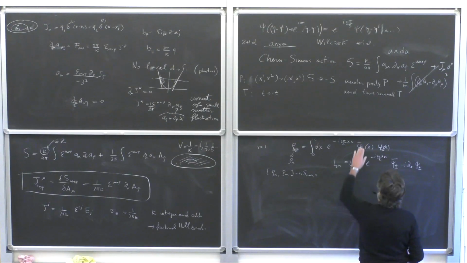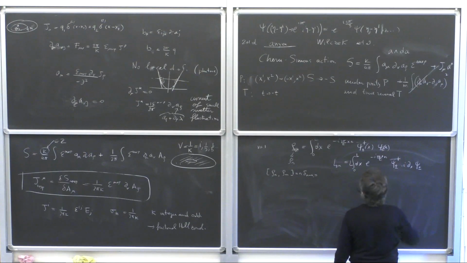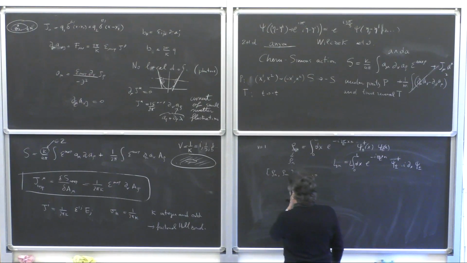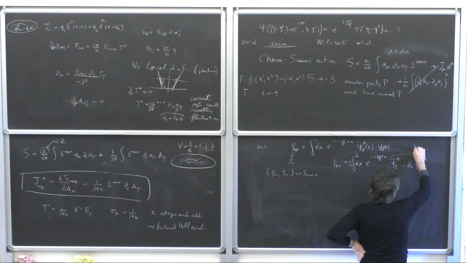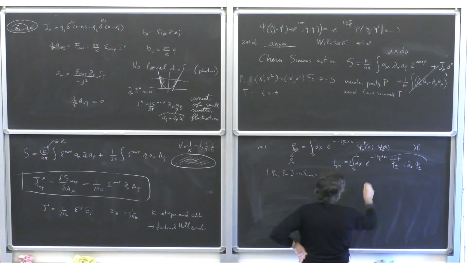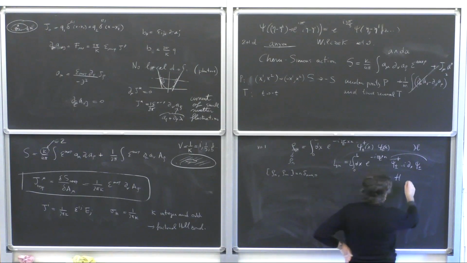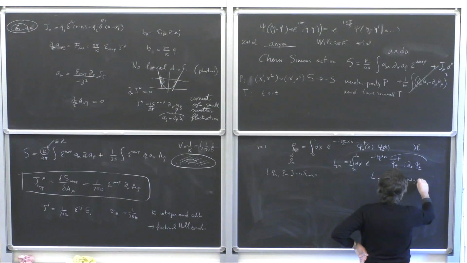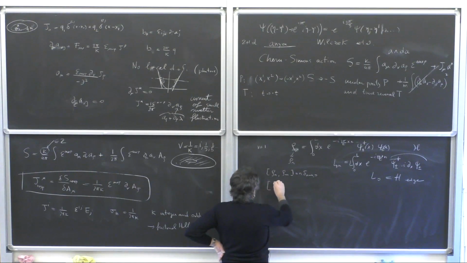Sorry, I think there was a dagger here, not a dagger there. And so this is the Hamiltonian density, and L0 is the Hamiltonian H. And these obey other relations.